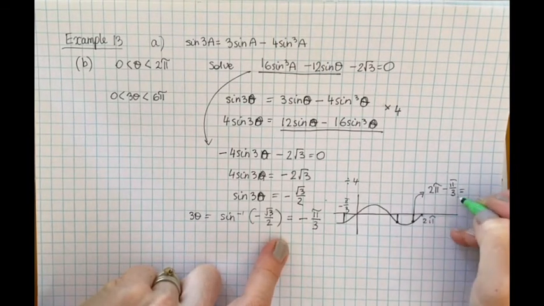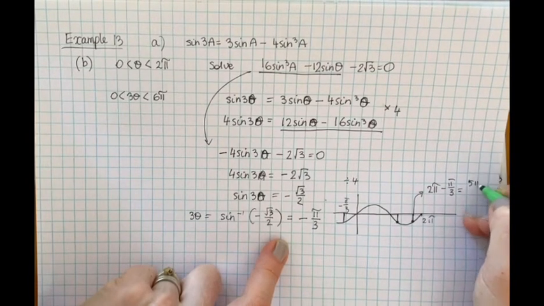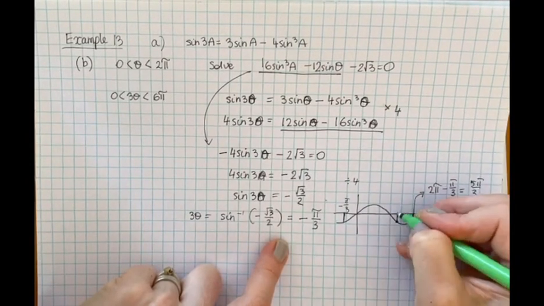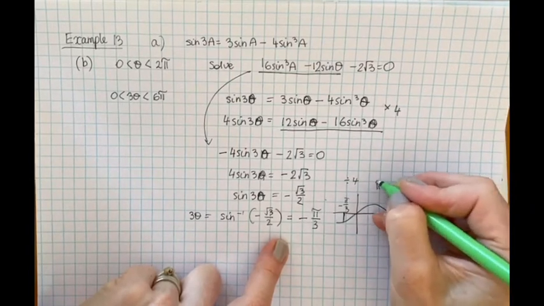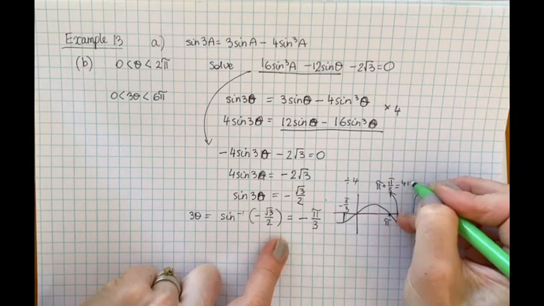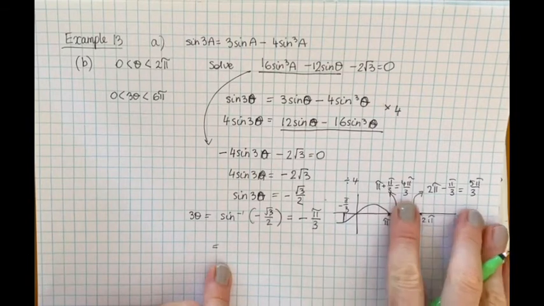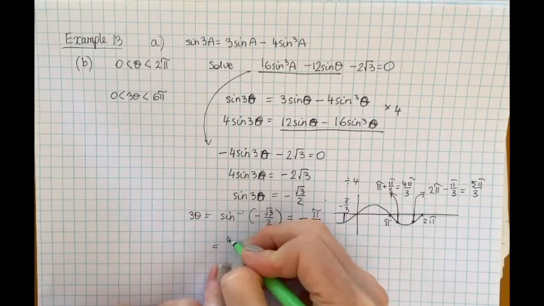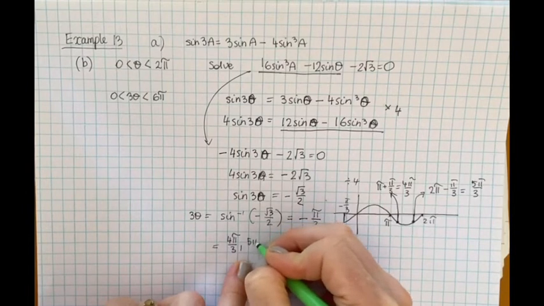So that's going to be 6 pi over 3 minus pi. So it's 5 pi over 3. Do it on the calculator. And this one here is pi plus pi over 3. That gives me 4 pi over 3. So the two angles within the range are 4 pi over 3 and 5 pi over 3.